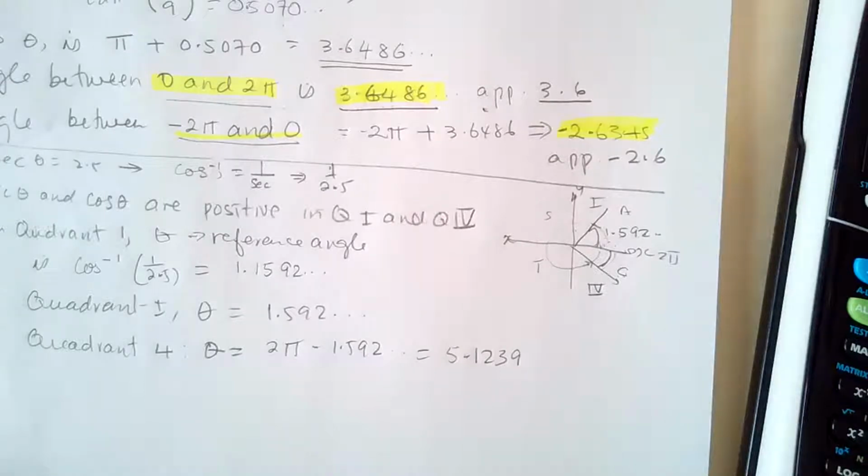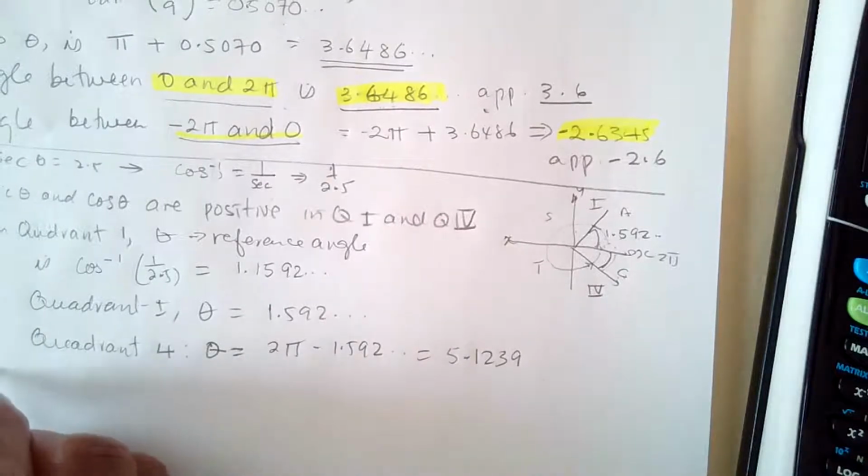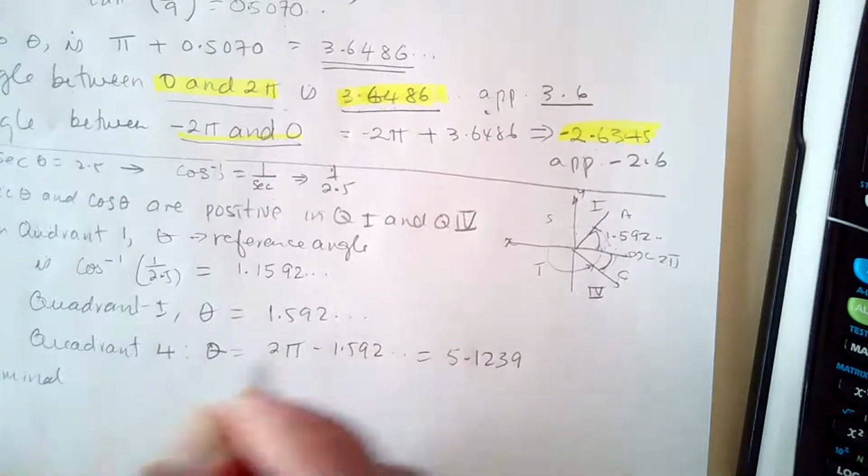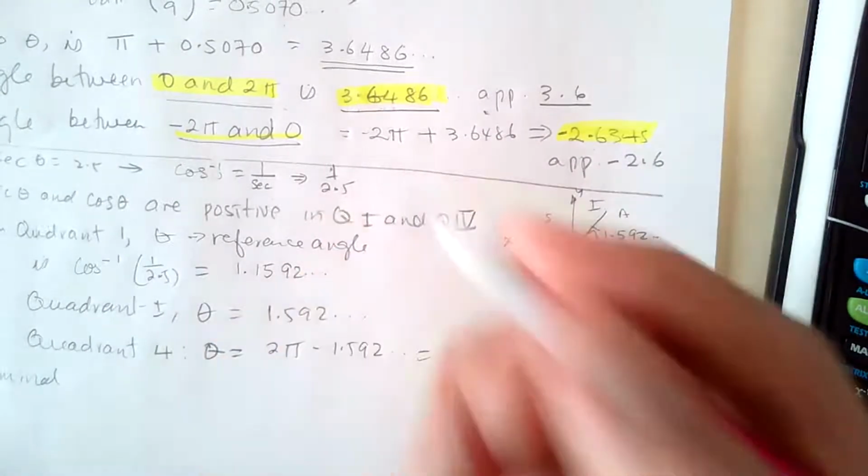Now we need to find the coterminal. So the coterminal is going toward the negative now.